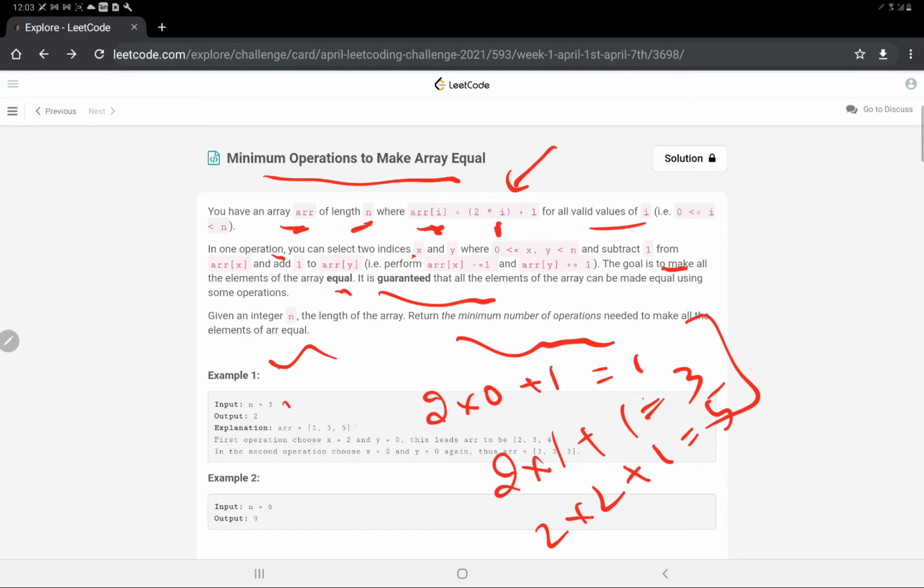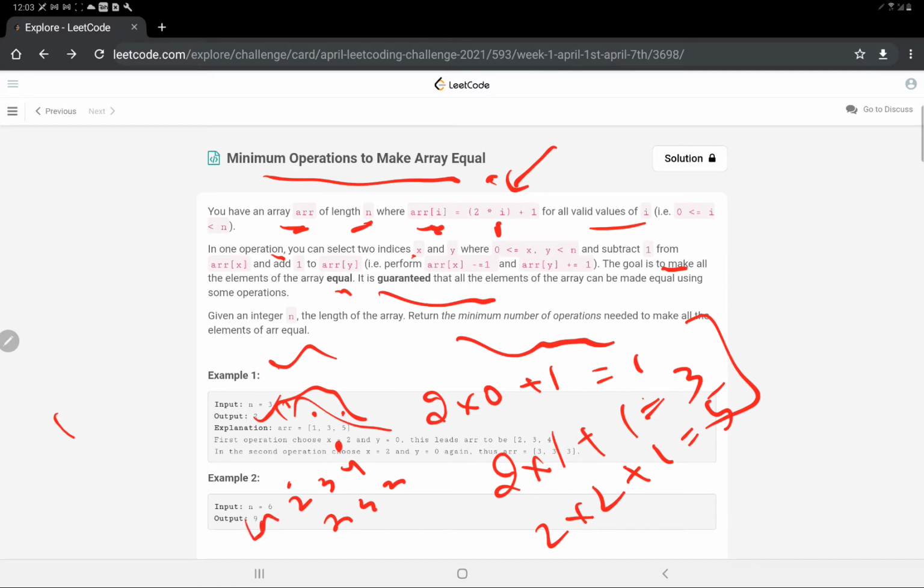So that's how this array is calculated using this formula, and we have to make them equal. The number of operations is 2, because if we add 1 here and subtract 1 there, it becomes 2 3 4, and again adding and subtracting it becomes 3 3 3. So the number of operations returned here is 2.